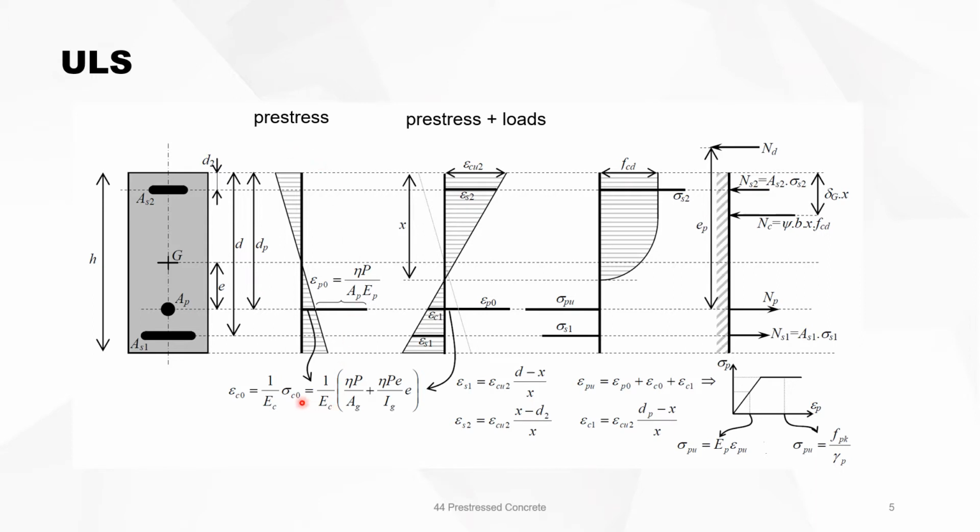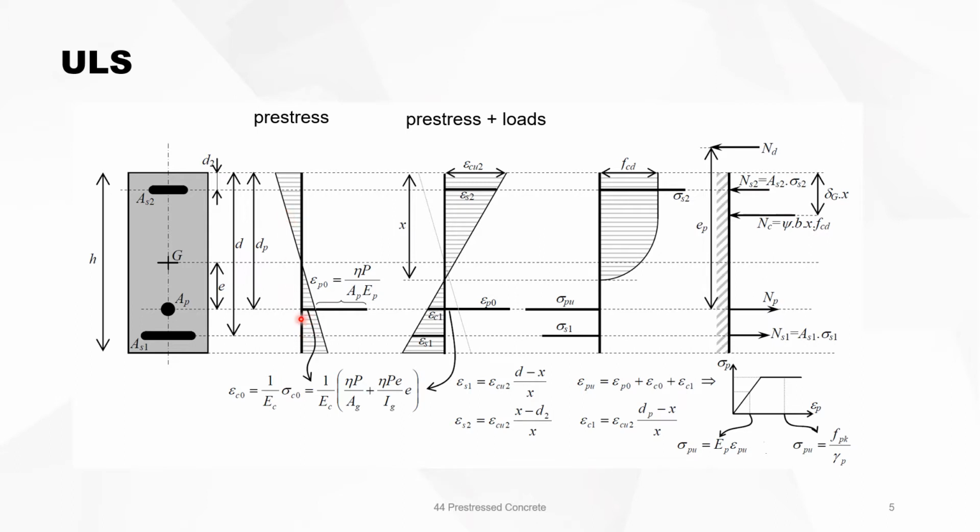You can now look at the strain diagram under prestress only. When the prestress is there, the concrete at the position of AP is compressed. This is epsilon C0, the compressed concrete strain.